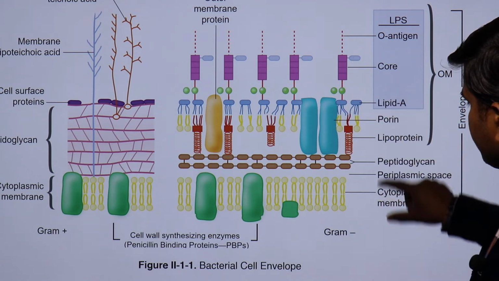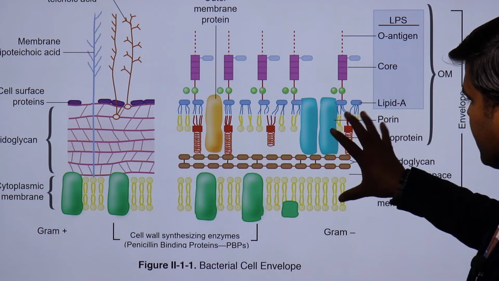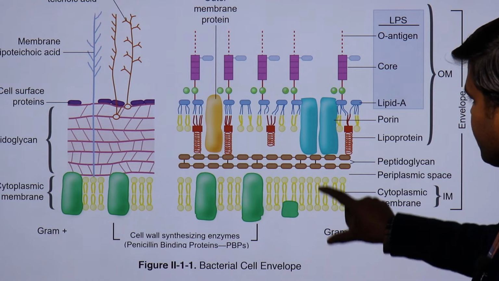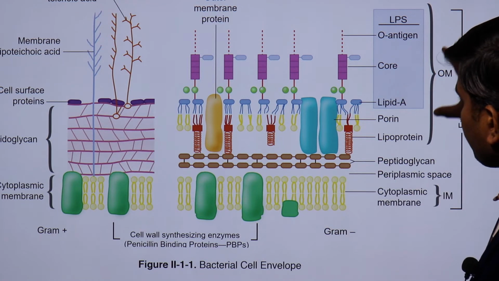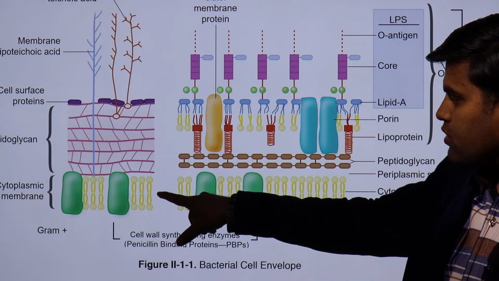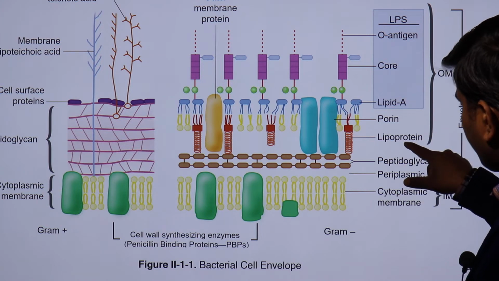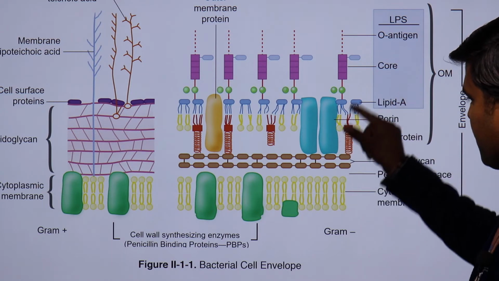When you see the cell membrane, cell wall, actually the cell envelope, we can see that there is an extra structure. This is known as the outer membrane, and it is only present in the gram-negative one, not in the gram-positive one. This outer membrane has lipoprotein and porins for the transfer of material, which allow only small particles to enter.